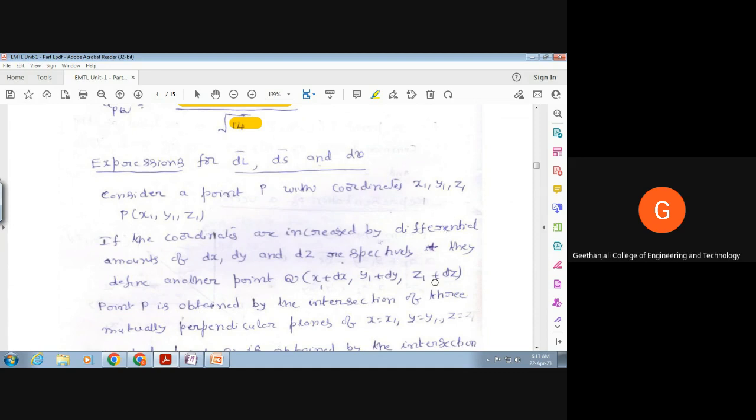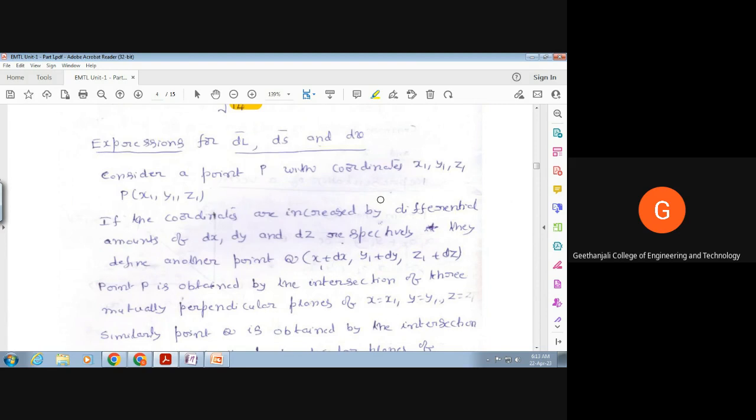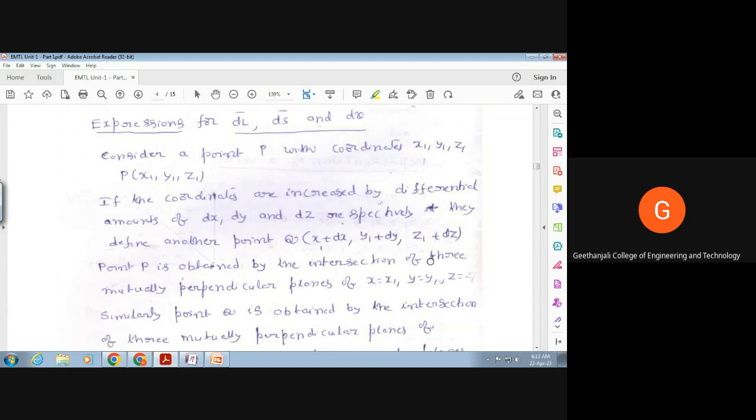Now because there is a change in the coordinates, this defines another point Q. So point P has coordinates x1, y1, z1 and Q has coordinates x1 plus dx, y1 plus dy, z1 plus dz. And if you recall how a point is defined, it is a common point of intersection of three mutually perpendicular plane surfaces.